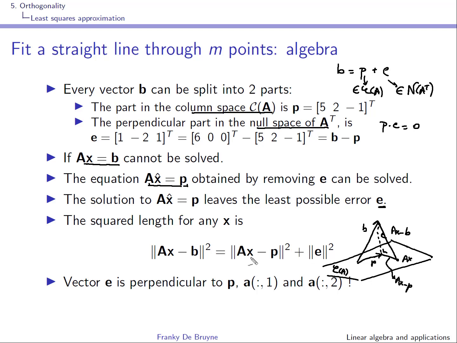The least squares solution will make this term 0, so this will be made 0 by x hat. And the vector E is of course perpendicular to the projection, but it's also perpendicular to any vector in the column space, so of course to the two columns here of A.